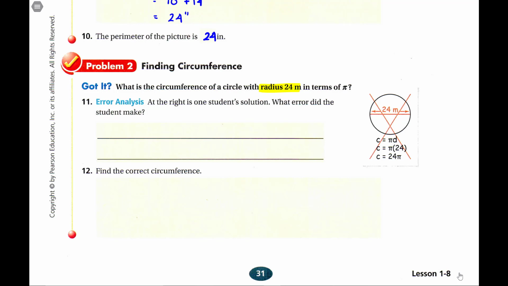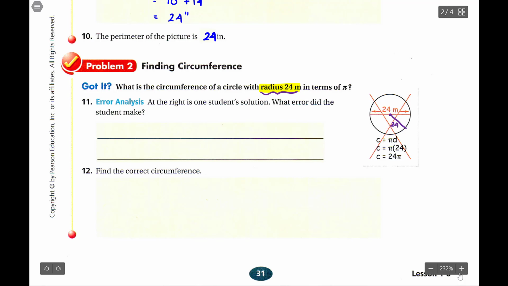So if we look at the circle over here on the right, we see that the student has labeled the diameter as 24 meters. But if we look back at what we were given, the radius is 24 meters. So really what the student should have done was put the radius at 24 meters.